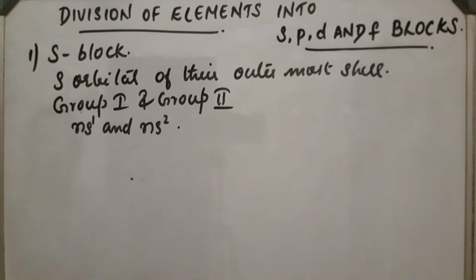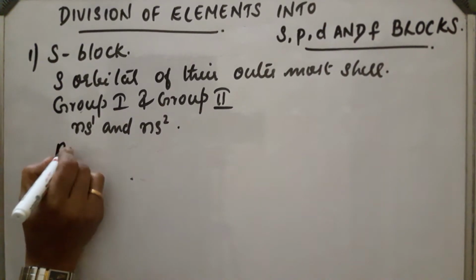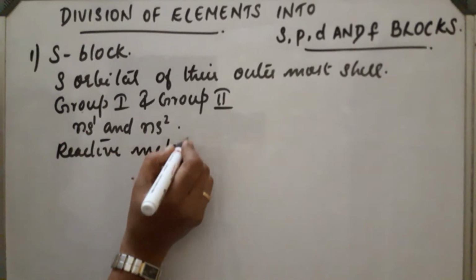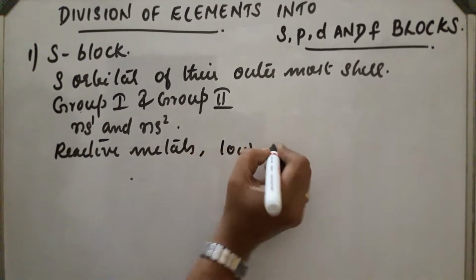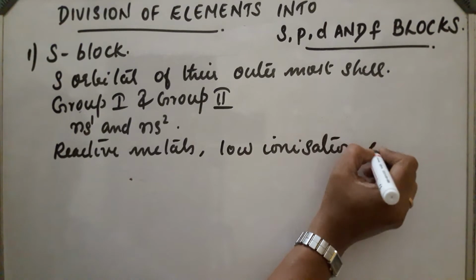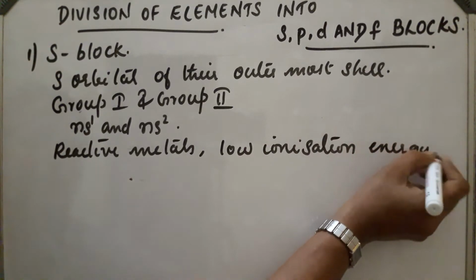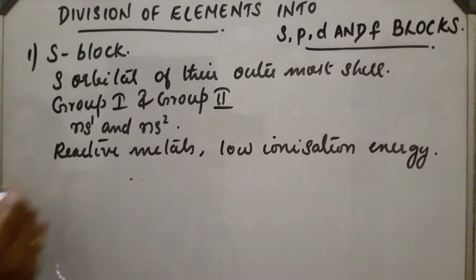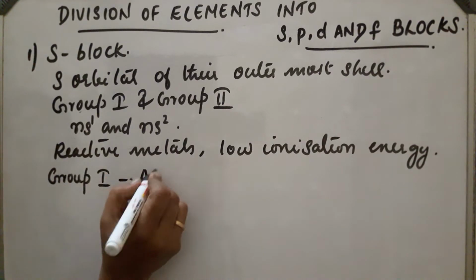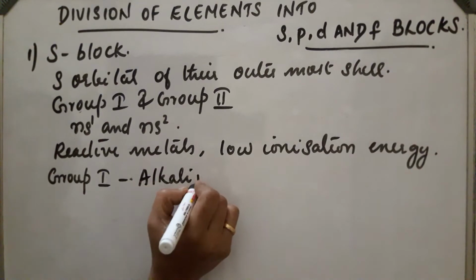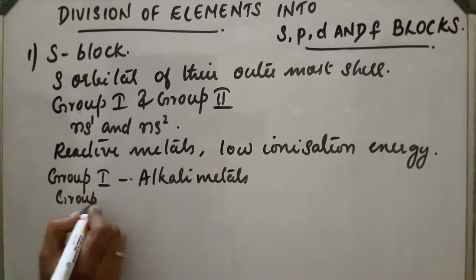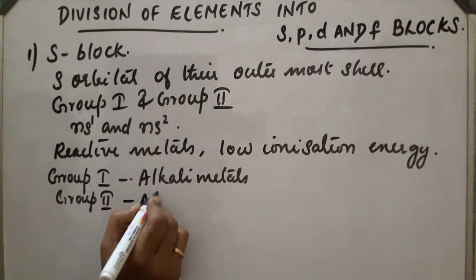They are reactive metals with low ionization energy. First group elements are called alkali metals, and second group elements are called alkaline earth metals.